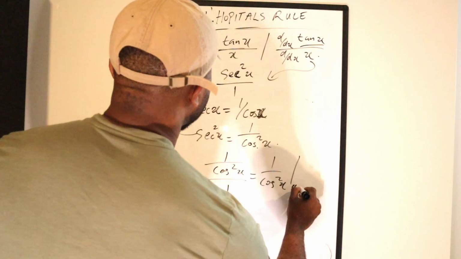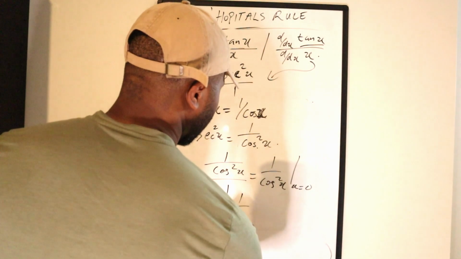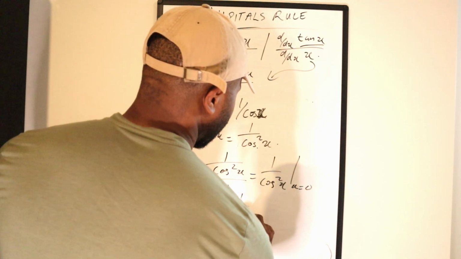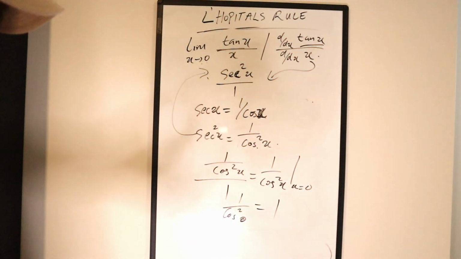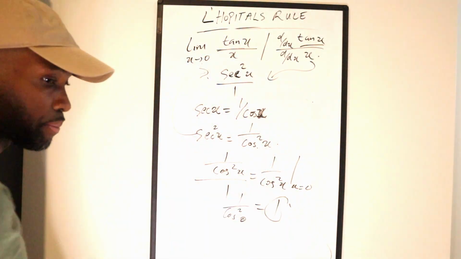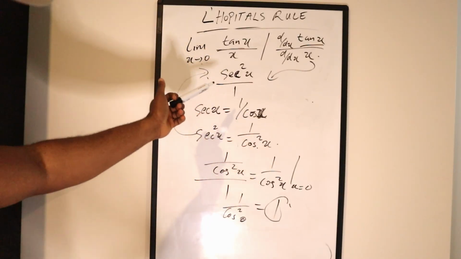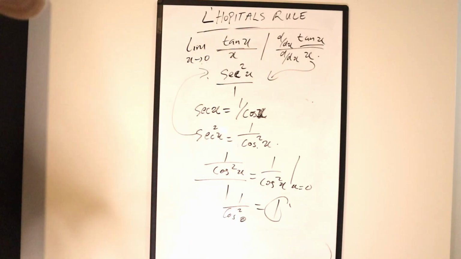And replace x equals to 0 here. So 1 over cos squared 0. Cos 0 is equal to 1. So 1 over 1 equals 1. So the answer is 1. So what's the limit when x approaches 0? It is equal to 1. So we can go on and on in order to solve these kinds of problems.